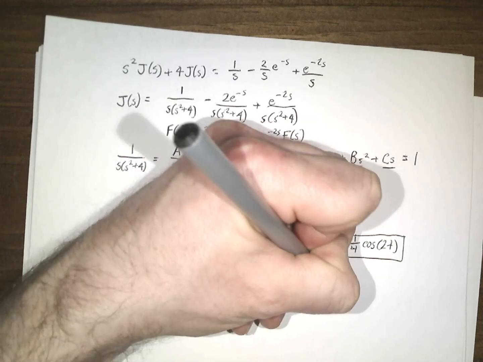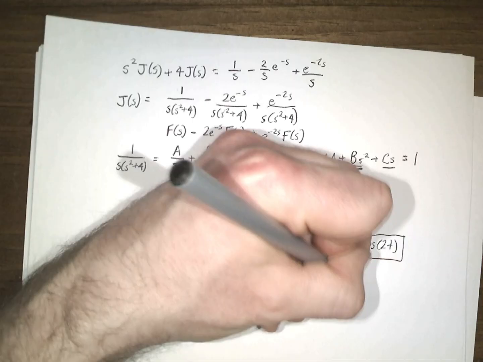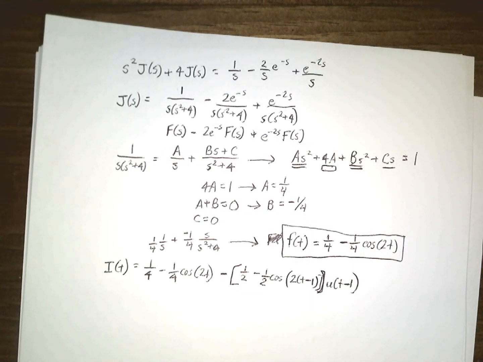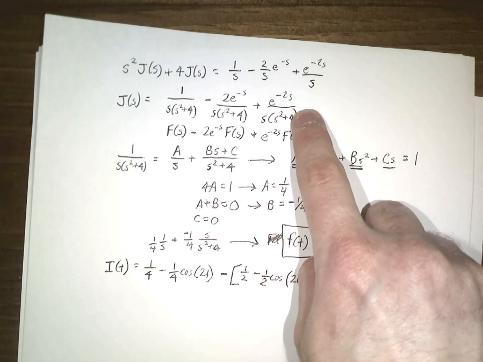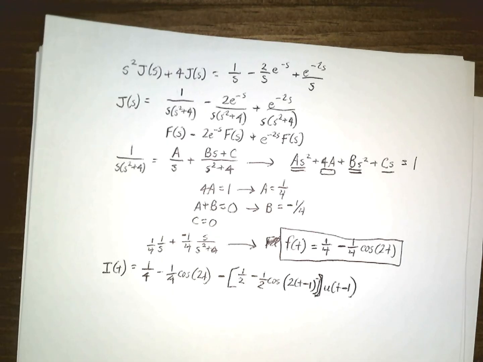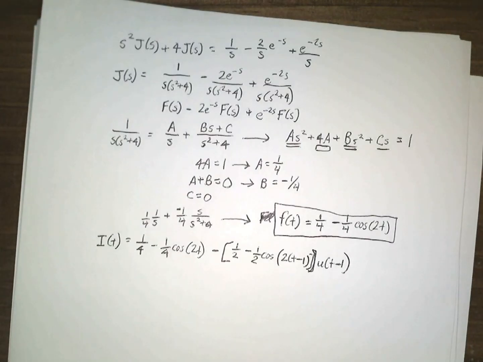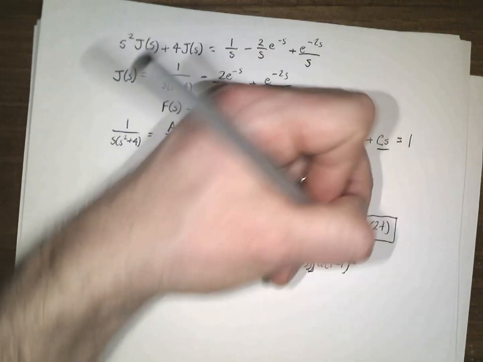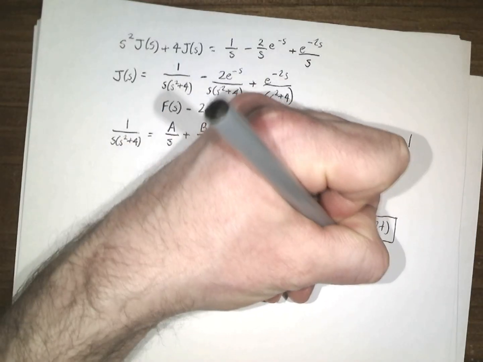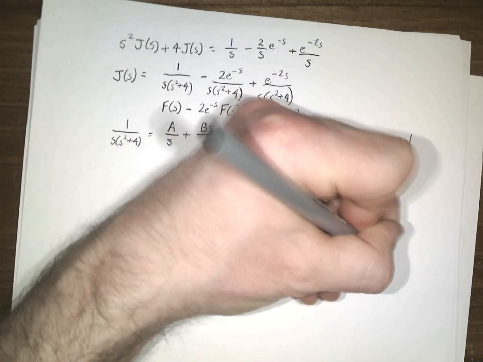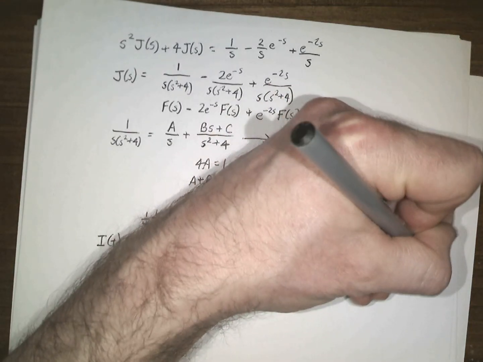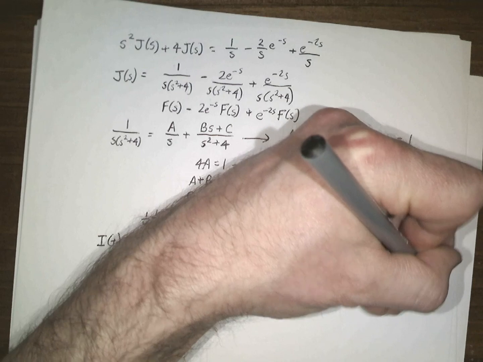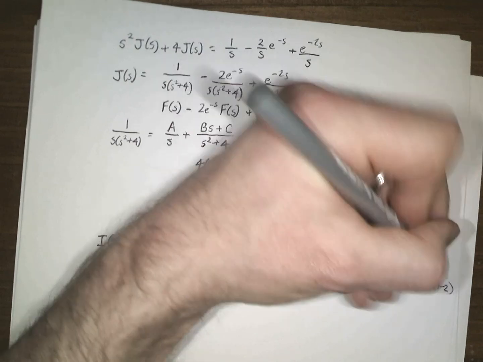And then that whole thing is multiplied by u of t minus 1. And then we'll do it one more time. We have an e to the negative 2s, so we're going to shift our cosine by 2 and multiply by that step function. So plus 1/4 minus 1/4 cosine 2(t minus 2) times u of t minus 2.